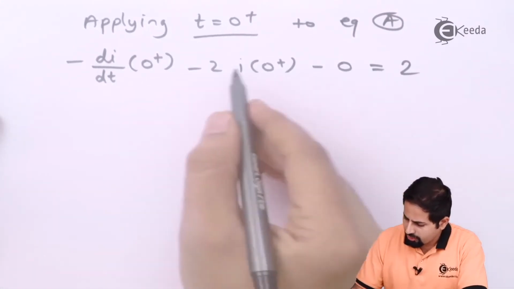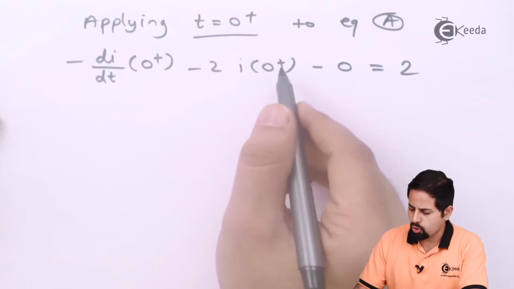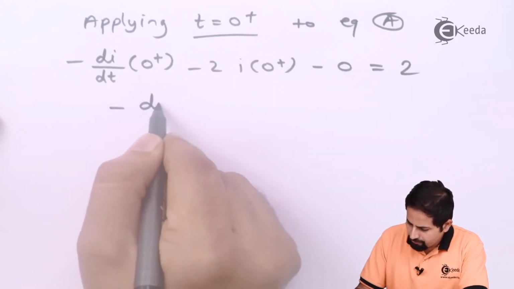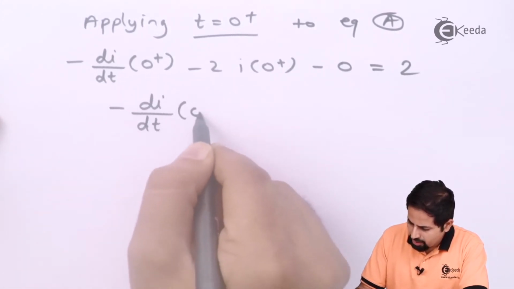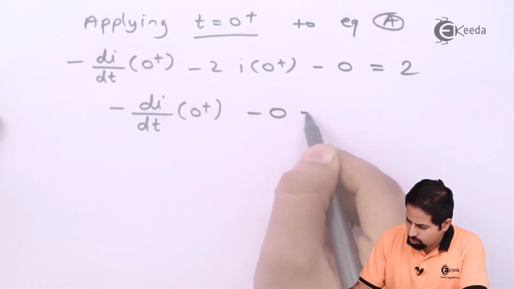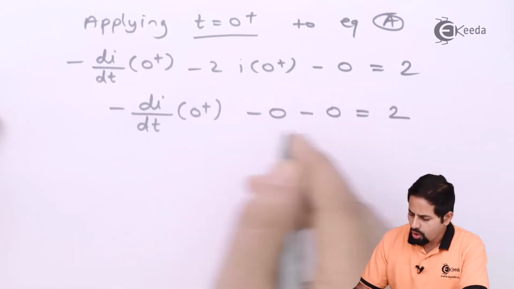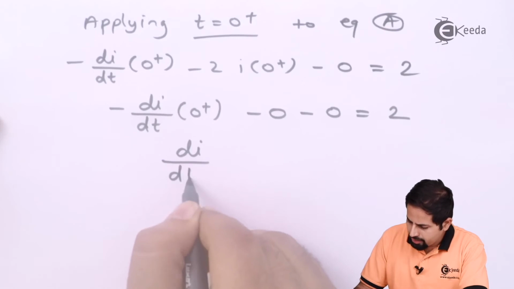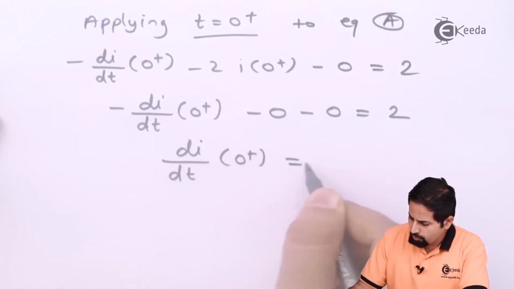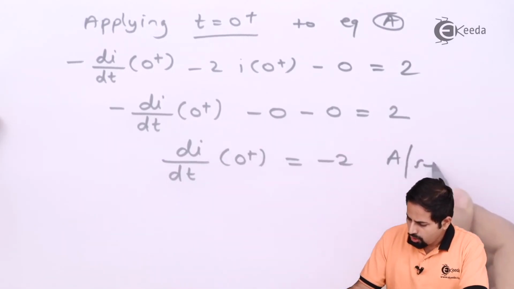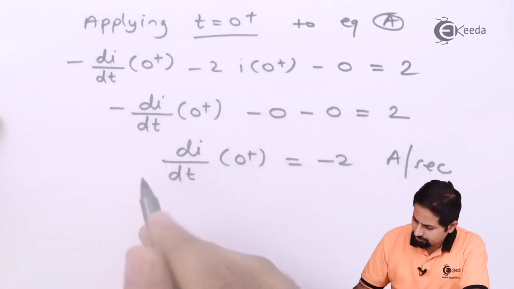So if you solve, this part is 0 by the way, I of 0 plus, so minus of di by dt at 0 plus minus 0 is equal to 2, or di by dt at 0 plus is equal to minus 2 amperes per second.